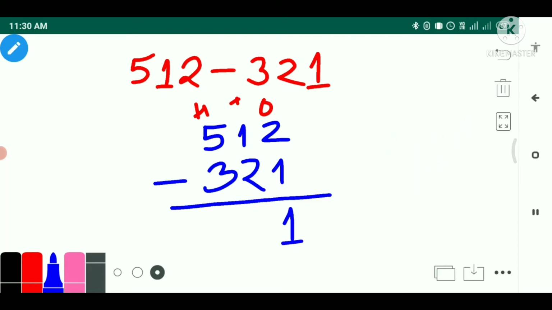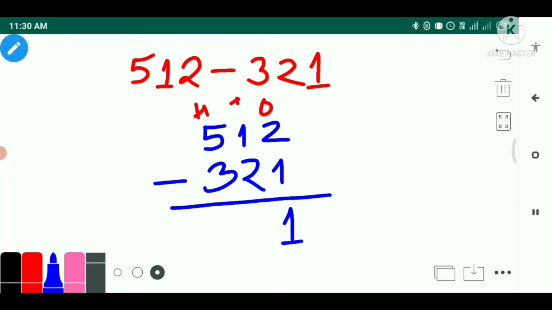Now see, in tens place only 1 line is there and we have to cut 2 lines. So it is not possible to cut 2 lines if 1 line is given, right? So it will borrow a number from the 100 place, right?